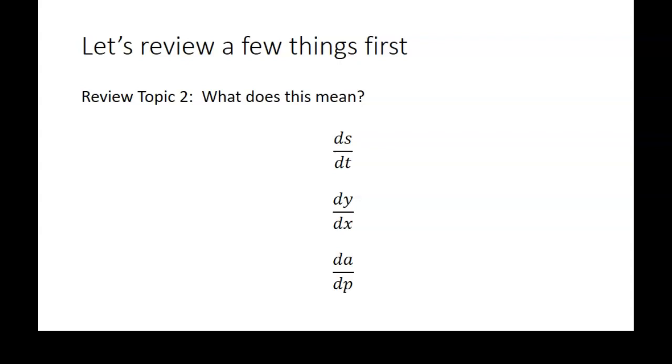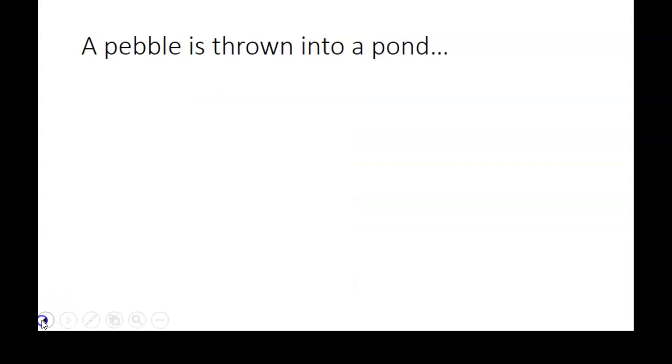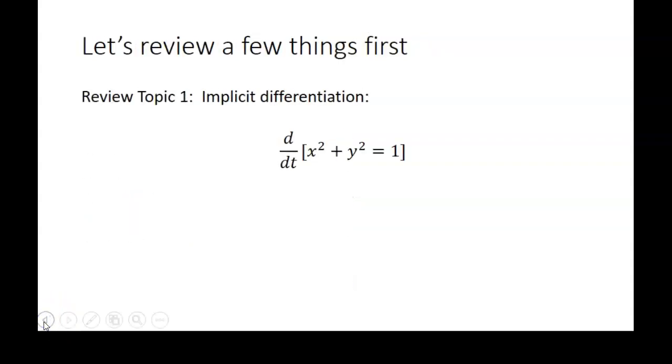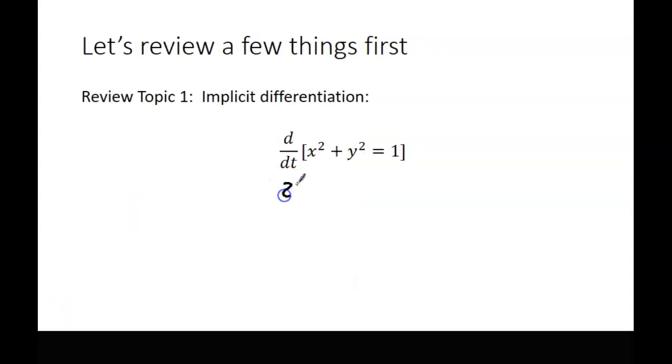Matter of fact, if I were to go back to this last slide over here where I was at, remember what I got here? We got 2x, x prime, plus 2y, y prime equals 0, right? I'm using the lazy man's way of writing a derivative, but what's another way I could write x prime there?